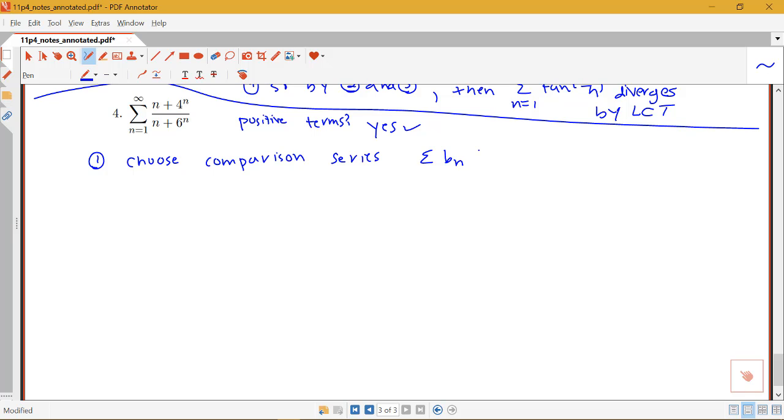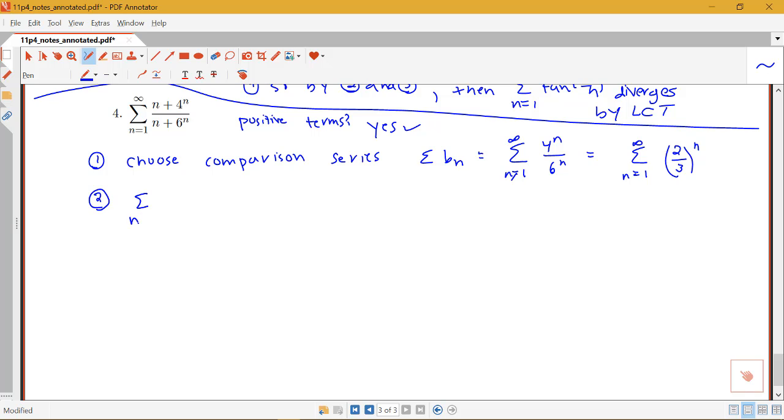highest power of n. So I'm going to choose to compare this to the sum from n equals 1 to infinity of 4 to the n over 6 to the n. And notice that that means that's 4 over 6 to the n, or 2/3 to the n. So we see that is some sort of geometric series.